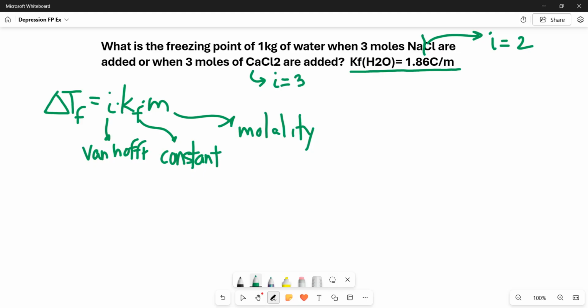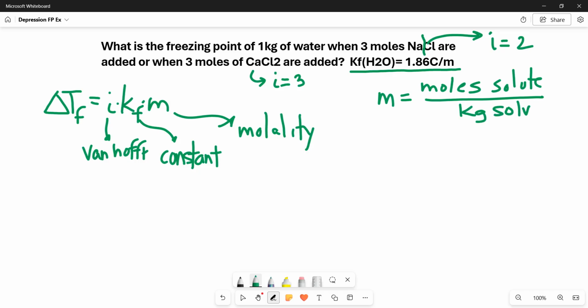We need to calculate molality. So molality is the moles of solute over the kilograms of solvent.